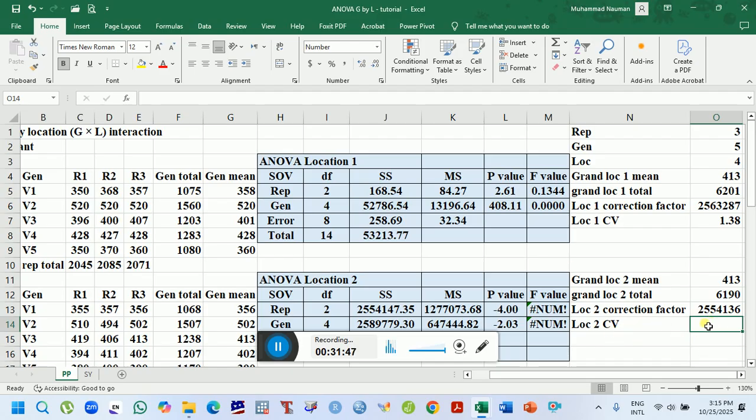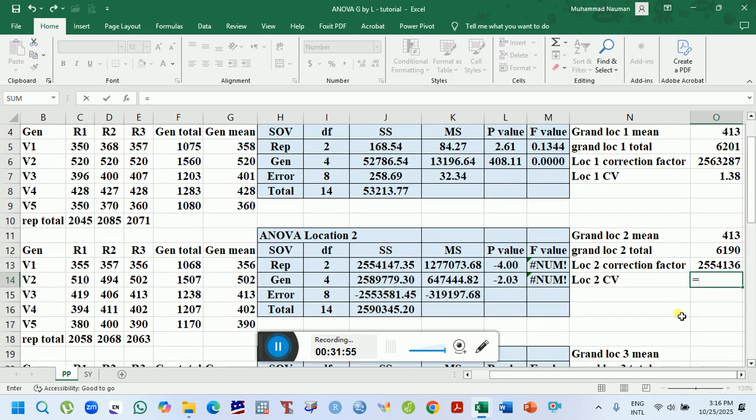Now we will calculate the CV. When the ANOVA gets corrected, this value will be corrected automatically. CV is equal to square root, SQRT, of error mean square.